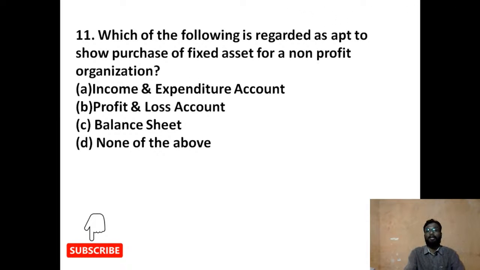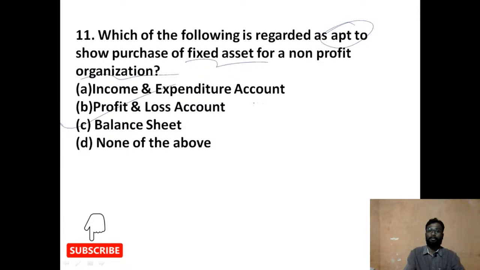Which of the following is regarded as apt to show the purchase of fixed assets for a non-profit organization? Whenever any non-profit organization purchases a fixed asset, it is shown in the balance sheet.